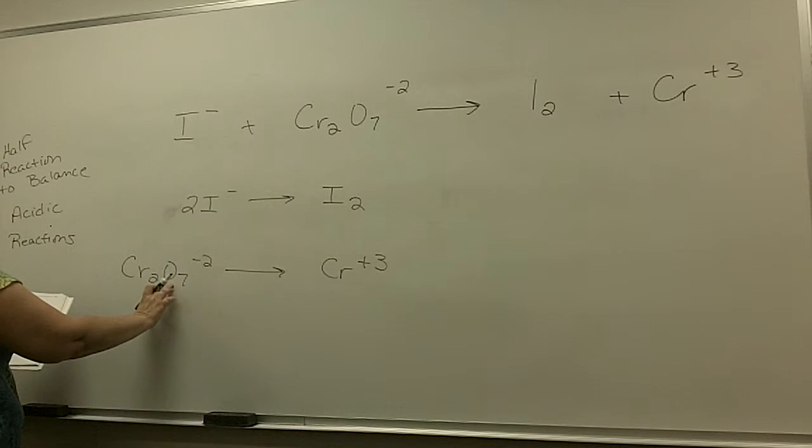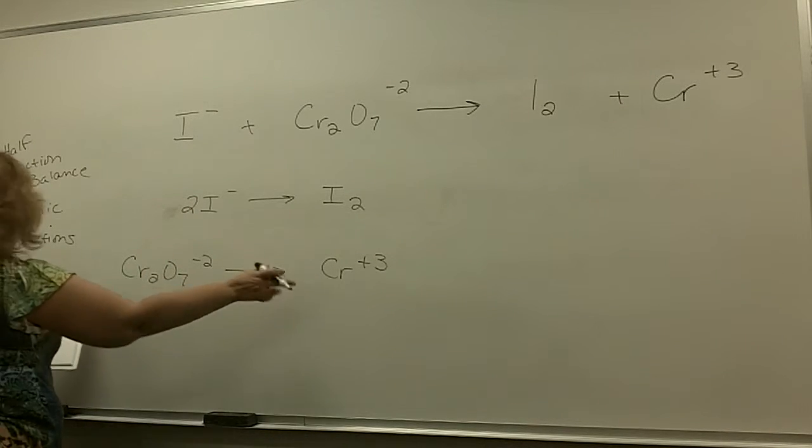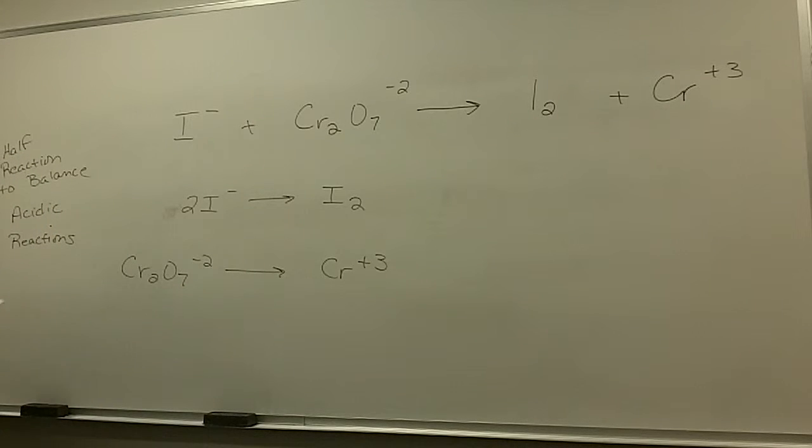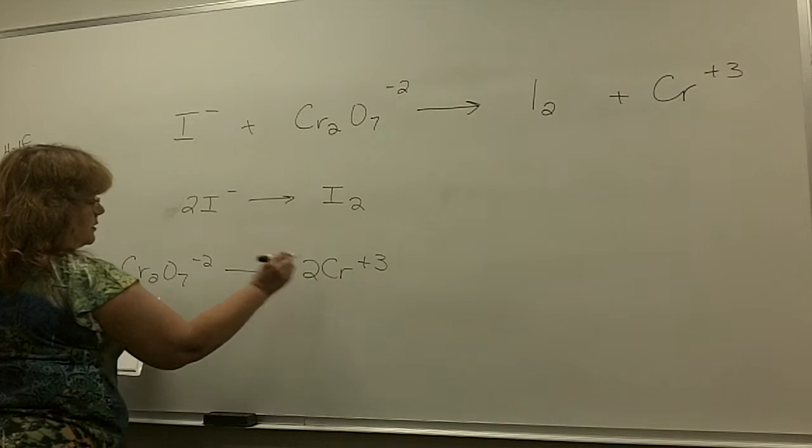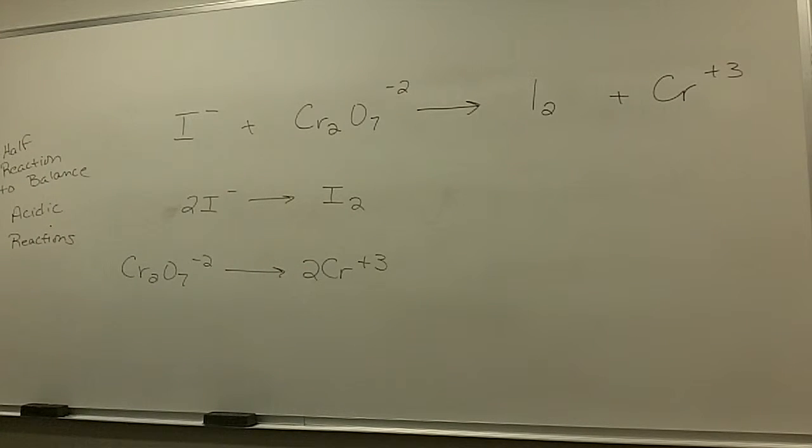Down here, I'm not going to deal with the water right now. I'm just going to balance the chromiums. So to get the chromiums balanced, I'm going to have to do this. This seems like more trouble than it's worth to me. But. So now we've got the iodines balanced in one half reaction and the chromiums balanced in the other half reaction.